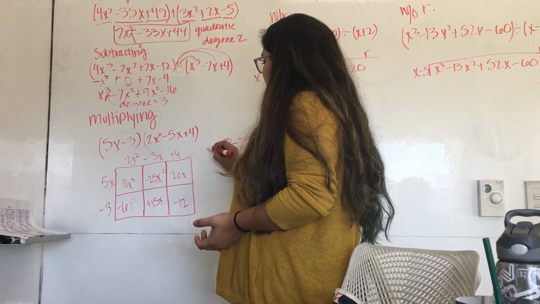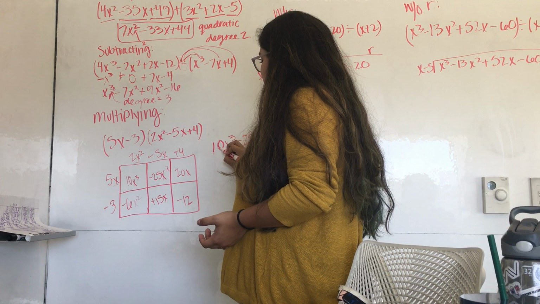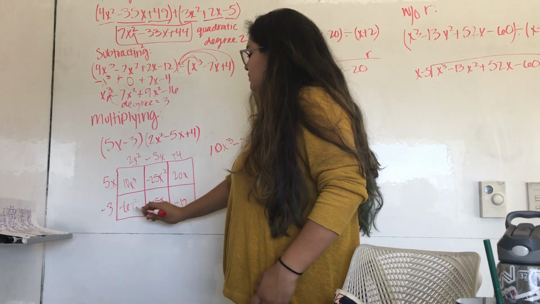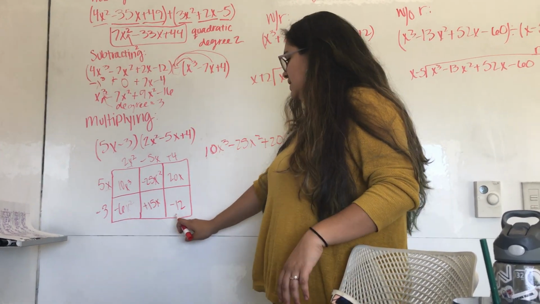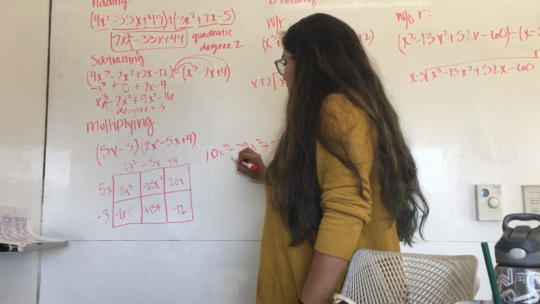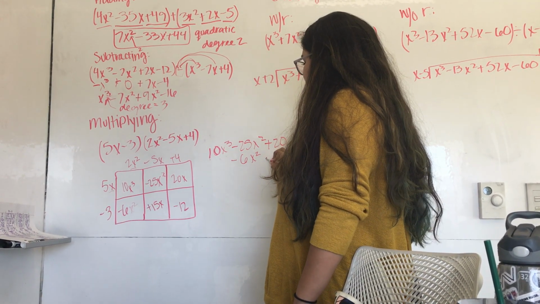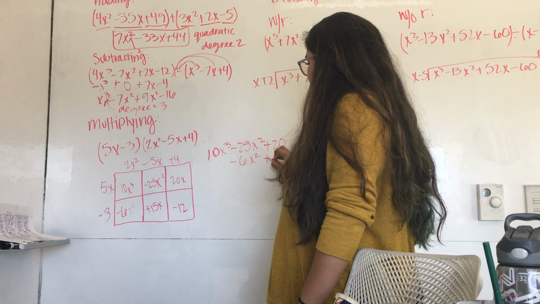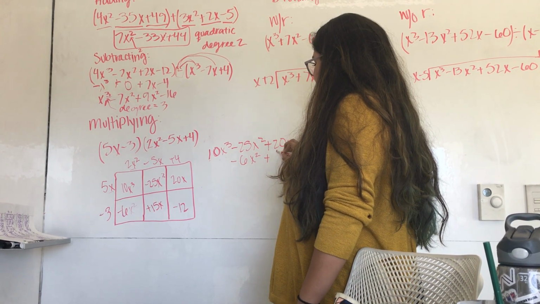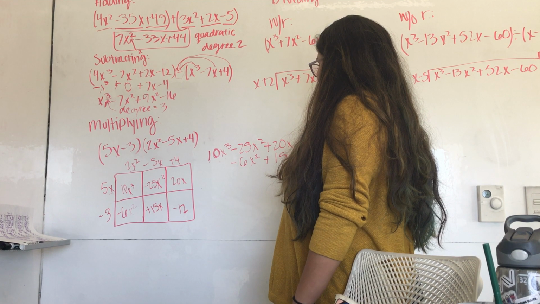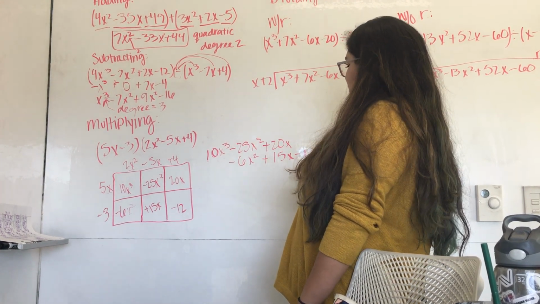And if you have these values on top, you can really just use these and put them right underneath. So you can do negative 6x squared plus 15x minus 12.